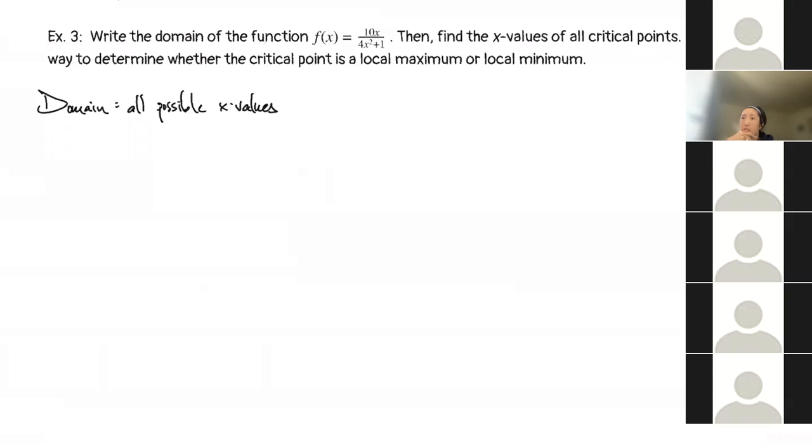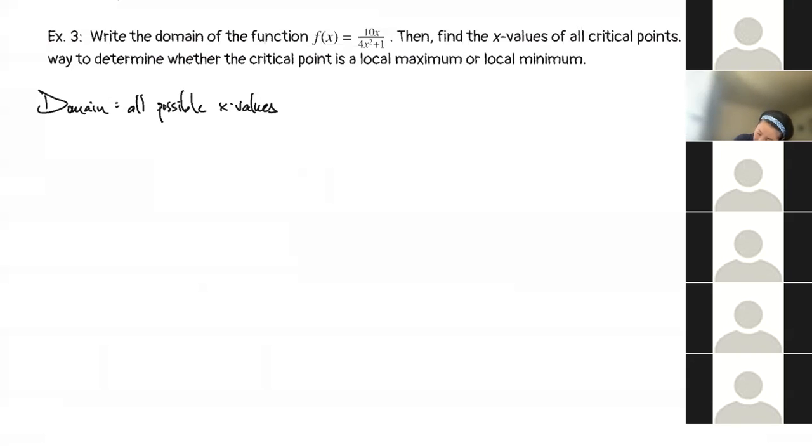Okay. So one way to think about domain, I think, is exactly what Ethan said here, which is let's think first, are there any values that don't work? Sometimes instead of trying to write out all the values that do work, it's easier to think about which ones don't work.